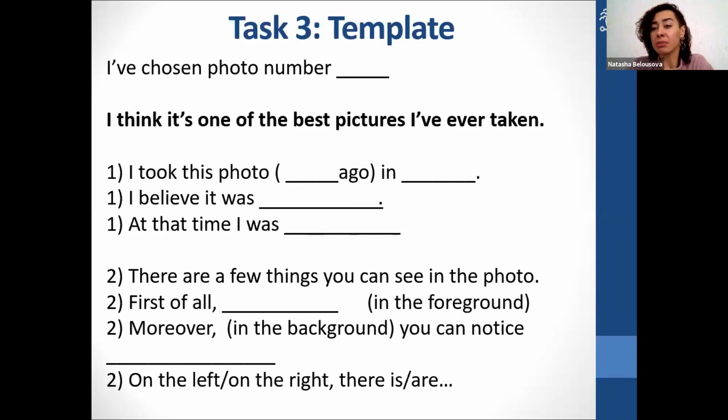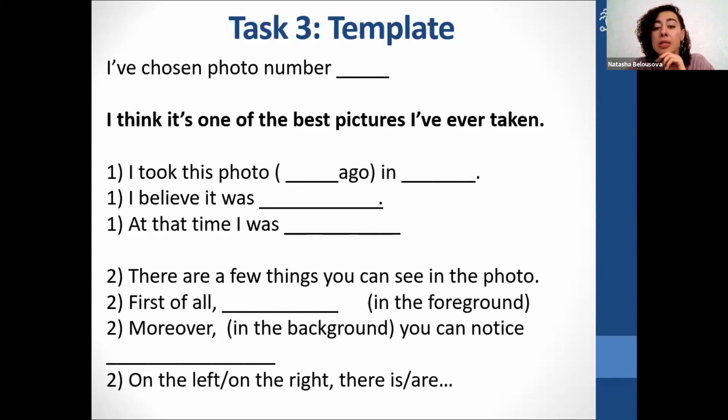It could be a city, a town, whatever. I believe it was spring. Also when, but you just add another phrase here. At that time, I was traveling around Prague with my dad, but it has to be a place or a time. I think place.